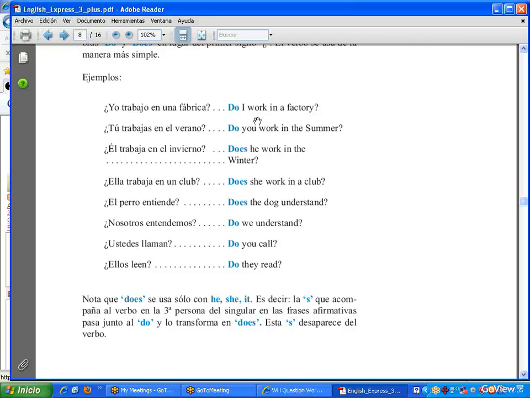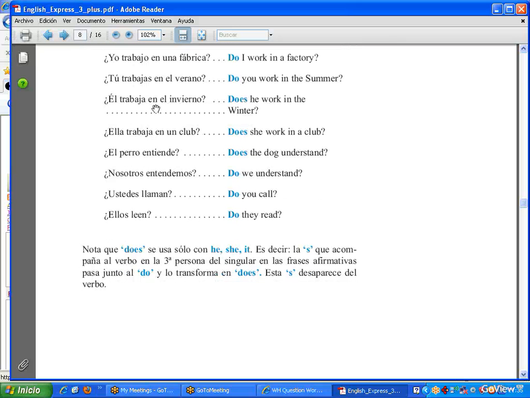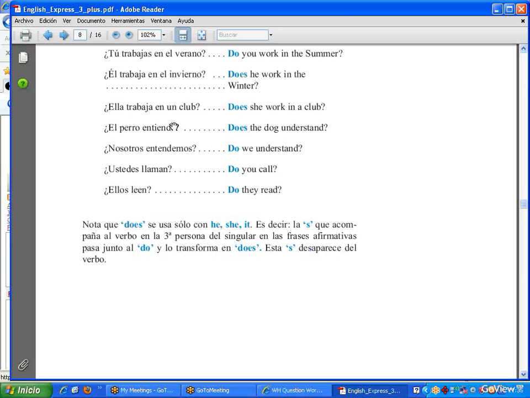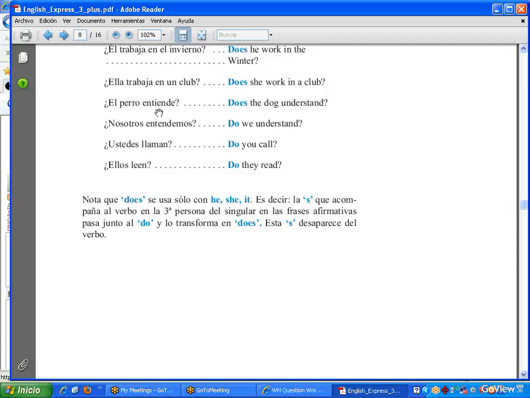So in third person singular, él trabaja en el invierno. We say does. Does he work in the winter? Does she work in a club? El perro entiende. Does the dog understand? Do we understand?